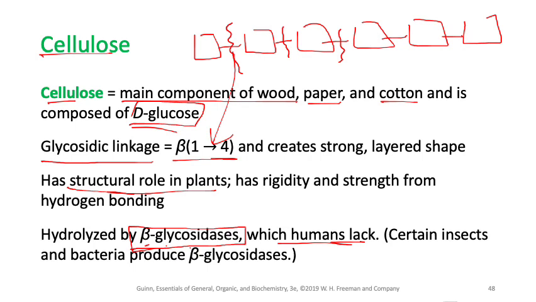So if humans don't have this enzyme, we cannot eat wood, paper, or cotton, because we don't have an enzyme to break down this bond and hydrolyze this polysaccharide. But certain insects and bacteria do have beta glycosidase, so that's why they can eat wood. So make sure you know the difference, right?